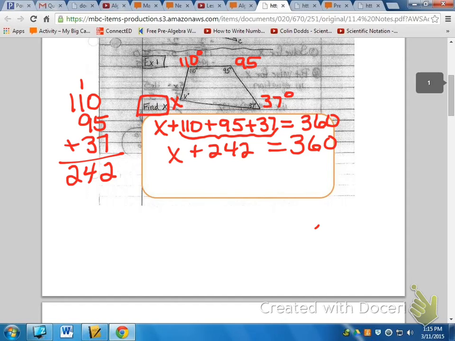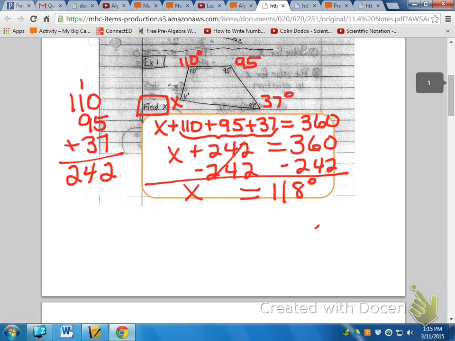To solve for X, I subtract 242 from 360. So X equals 118. So my angle X is 118 degrees. Do you have any questions about that?